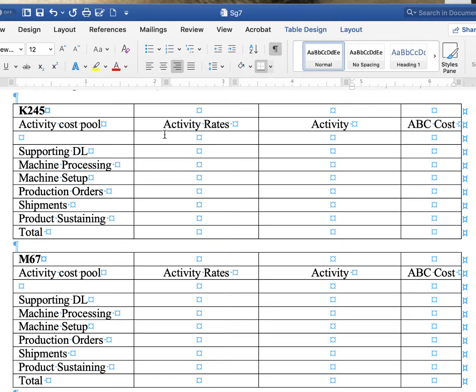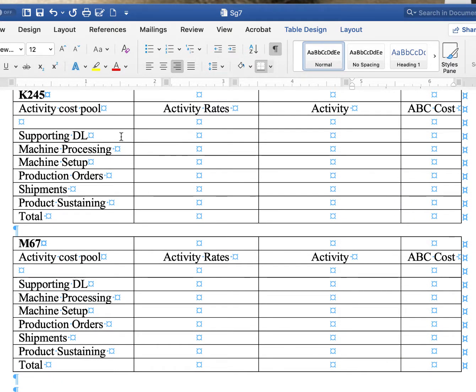Okay. So let's look at supporting direct labor. That is the first activity cost pool, and we know that the activity rate is $6 per direct labor hour. Well, we know that K425 uses 80 direct labor hours.